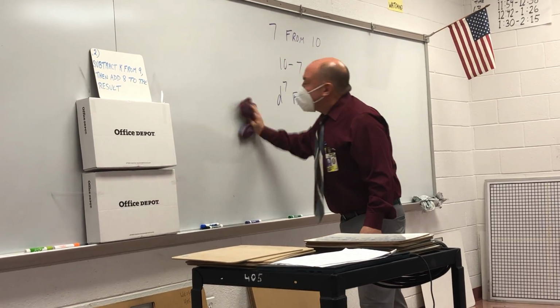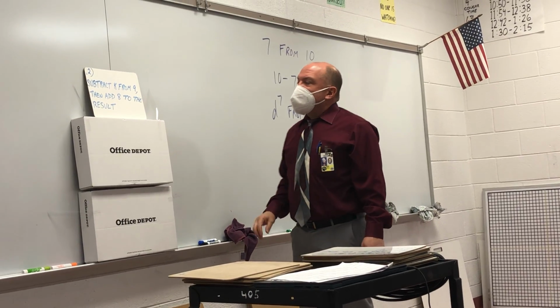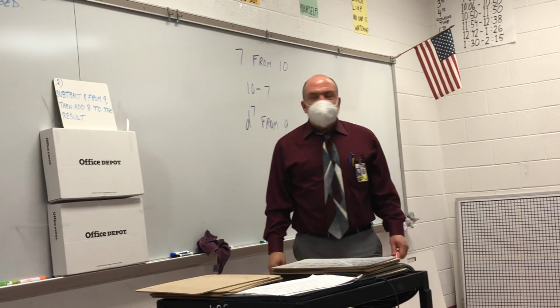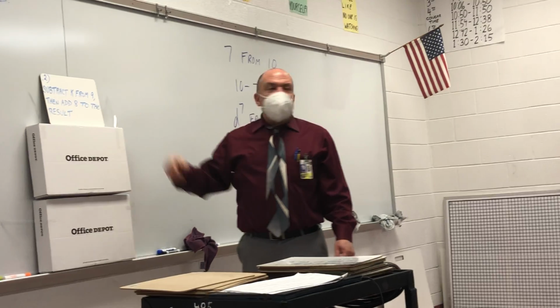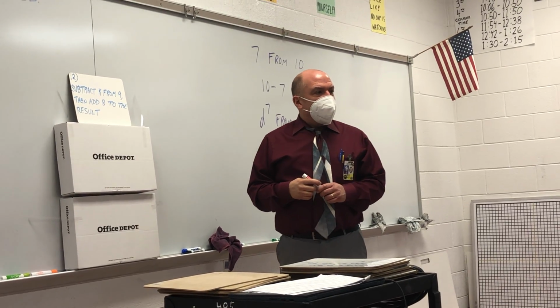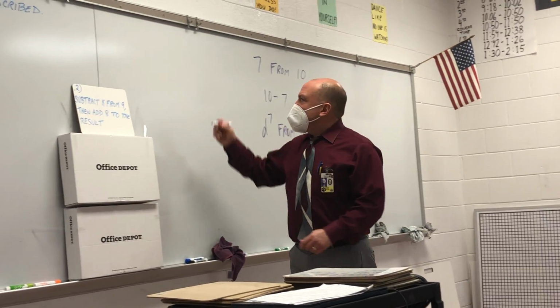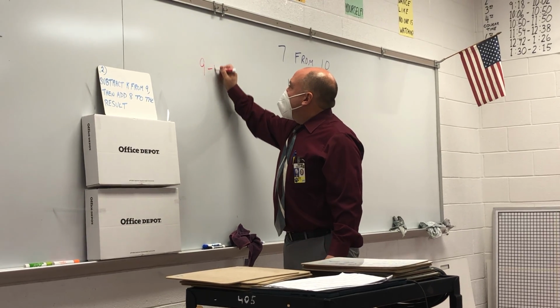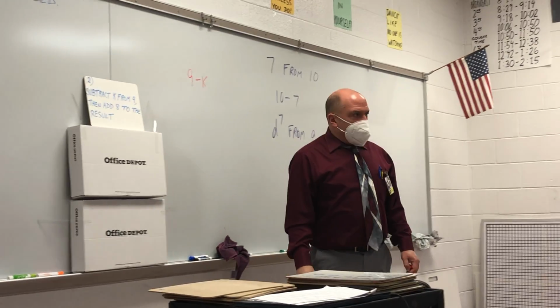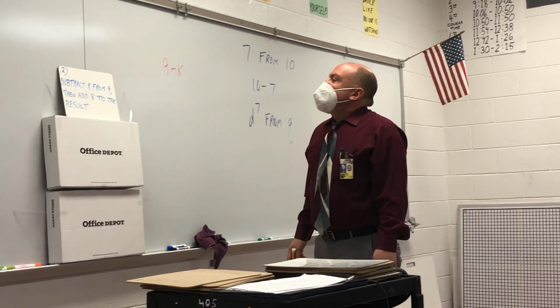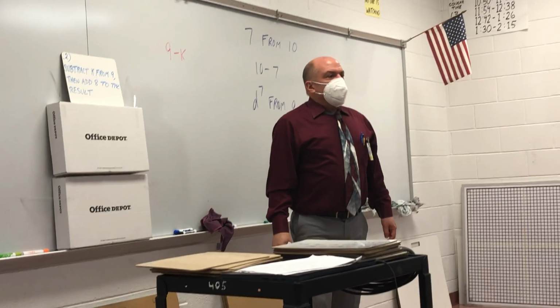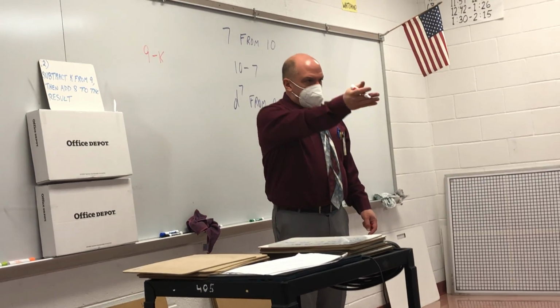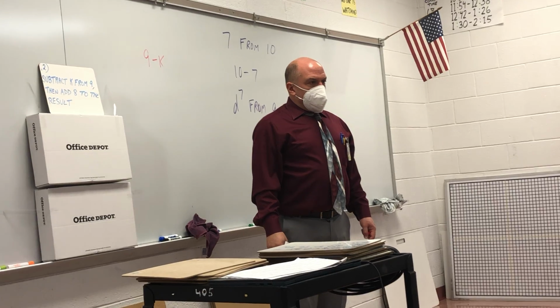Check it out. Subtract k from 9. Let's do that much. Danielle, subtract k from 9. How do I write that? 9 minus k, right? Then add 8 to the result. So plus 8.